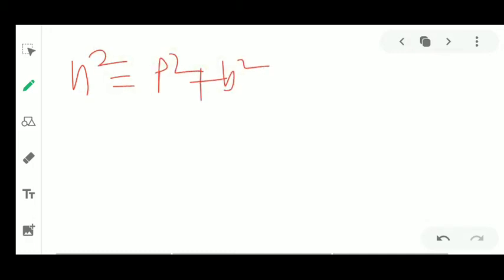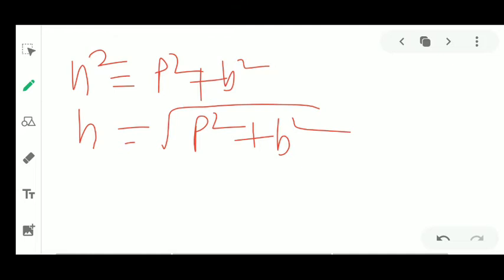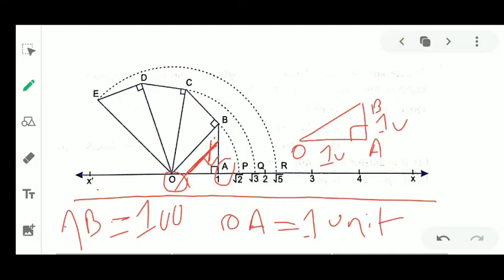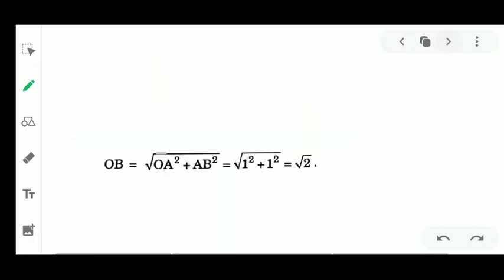Now h equals root over p square plus b square. Now put the values of h, p and b of the right angle triangle OAB, then we get OB, which is the hypotenuse, OB equals root over OA square plus AB square. Both OA and AB are 1 unit, so root over 1 square plus 1 square becomes root 2.